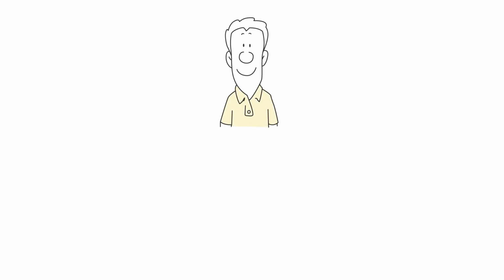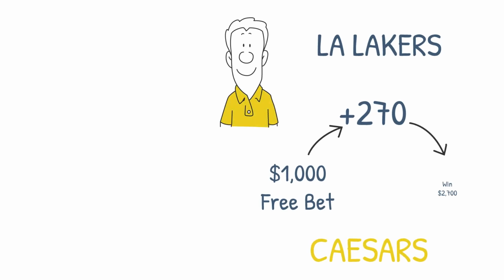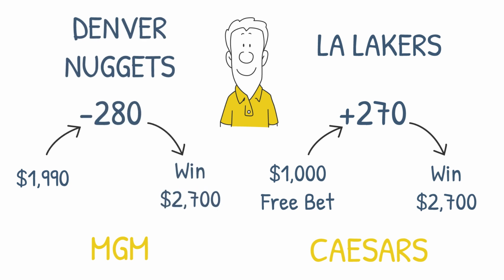Jimmy puts his $1,000 free bet on the Lakers on Caesars, which will result in $2,700 if they win, and puts $1,990 from his account on MGM on the Nuggets, which will also return $2,700 if the Nuggets win. OddsPotato identifies these bets and provides you with these suggested amounts on each side. All you have to do is plug in your free bet amount and the sportsbook you have it on, and the site pops out the best mash for your free bet.